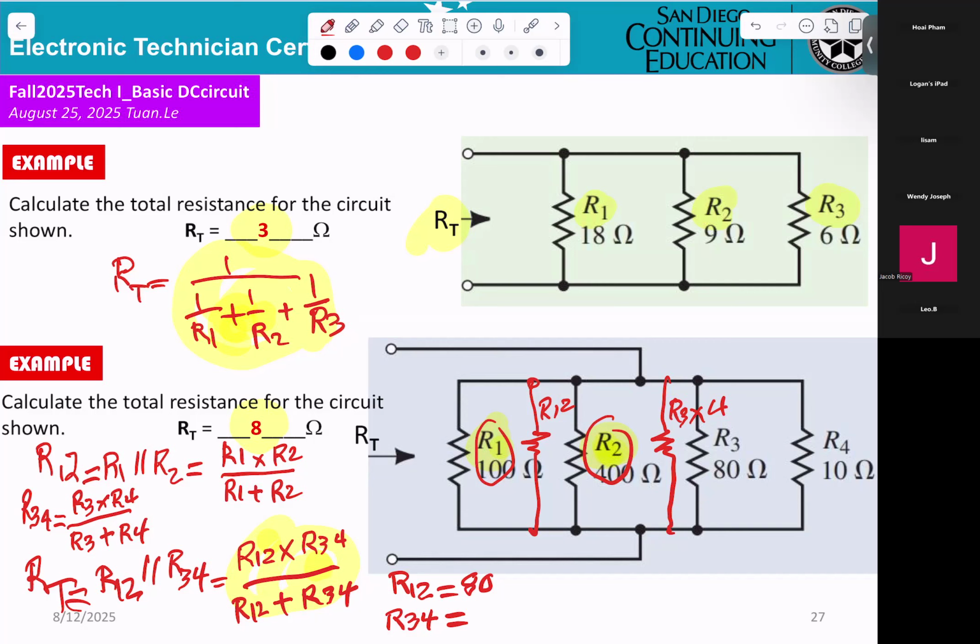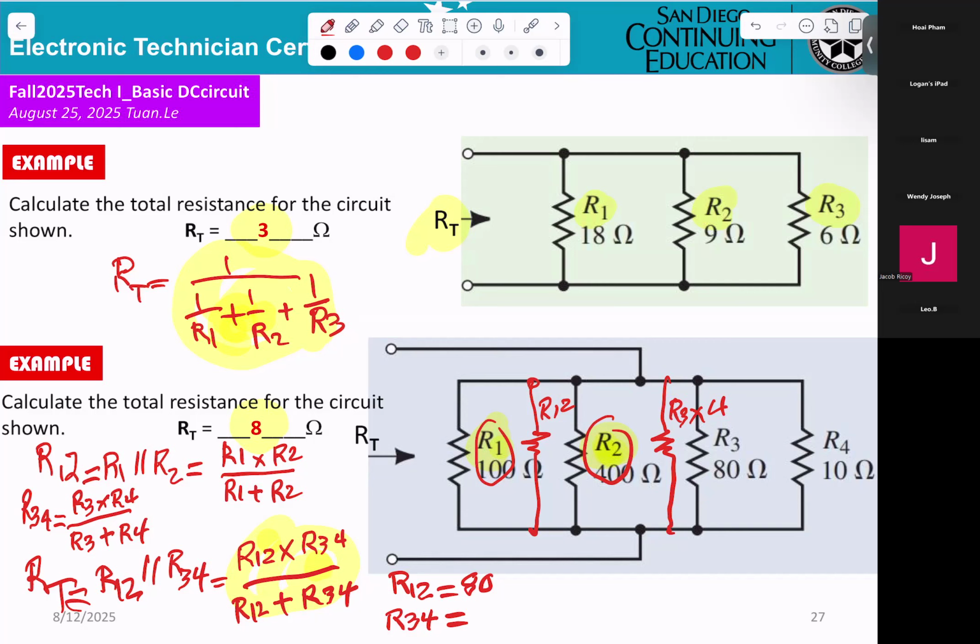R34 is 20. What do you get? 20. Okay, just a minute. 80 times 10 divided by 90.